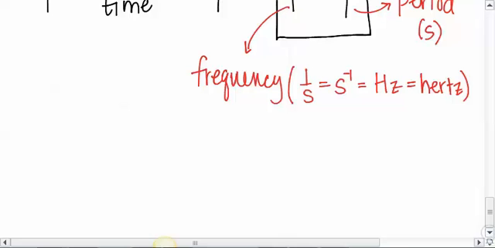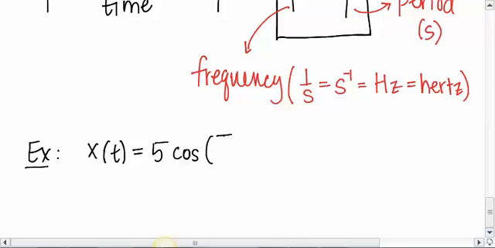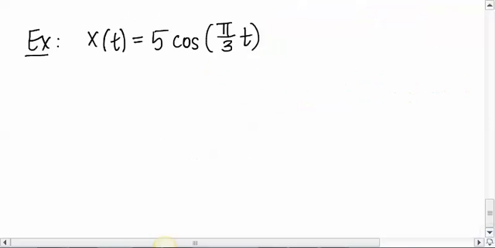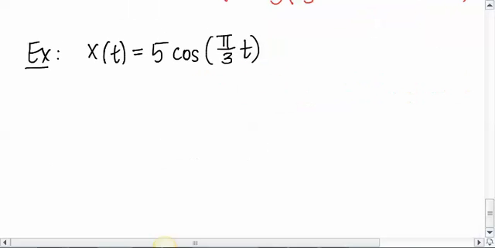All right, so now let's look at an example of a position function. So what if we have a position function that looks like x of t is 5 cosine of pi over 3 times t. So just by looking at that equation, we should be able to define a few things. What's the amplitude?